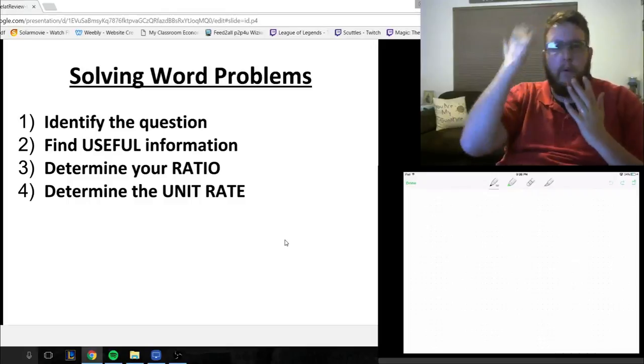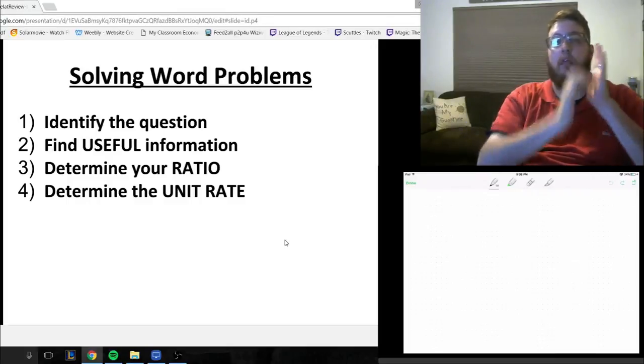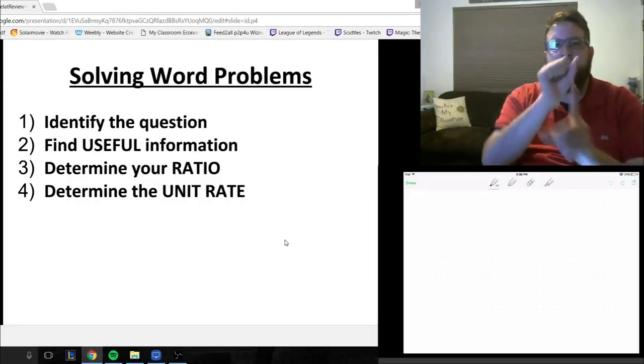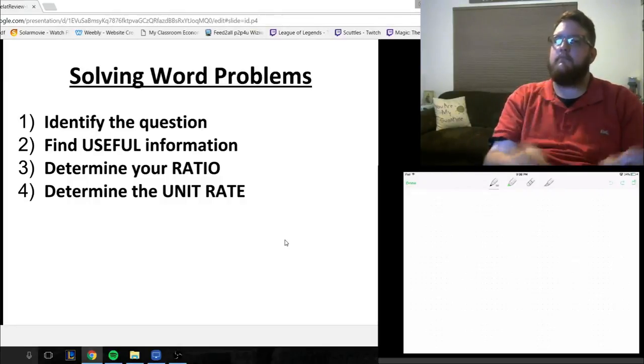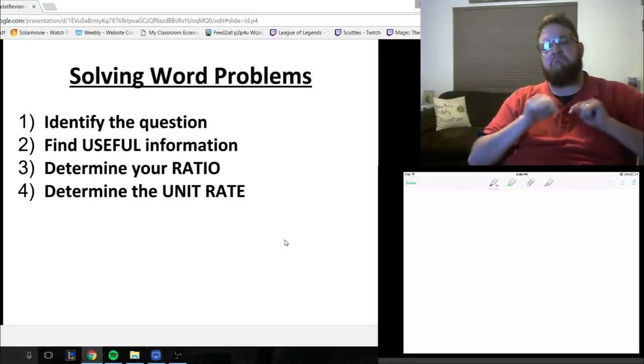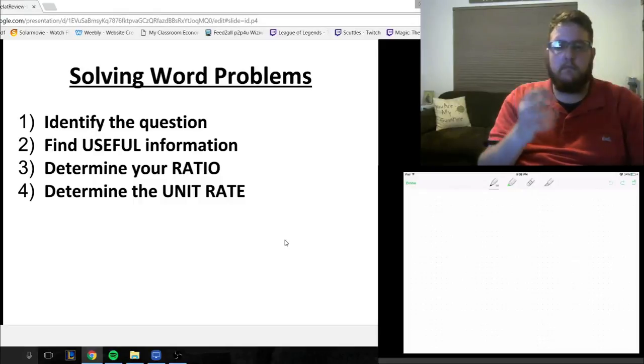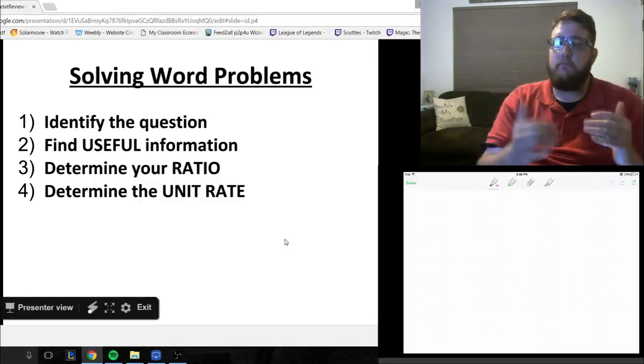As I said, these word problems are long and they're full of information that's not useful. They're written by people who are attempting to trick you by giving you a bunch of information that is irrelevant. So we have to find the crucial information. The third thing we need to do is determine the ratio.